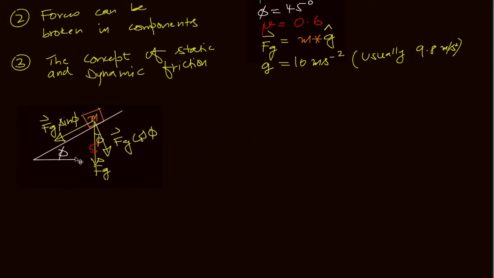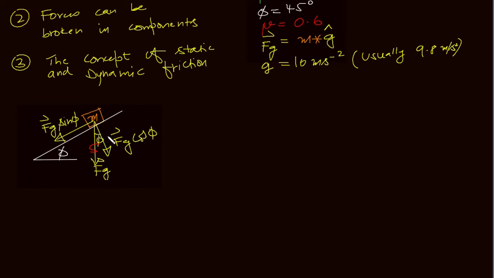So here, I have drawn it before. So we are breaking force Fg into two components, and because this angle is phi, this angle is phi, this is Fg cos phi, the component in the downward direction, perpendicular to the plane.